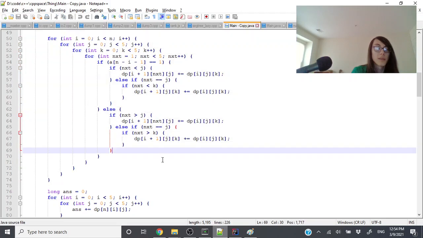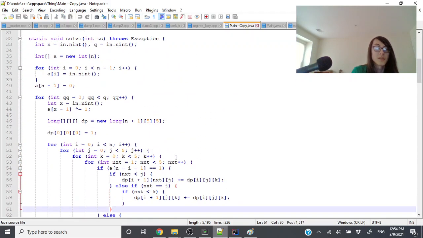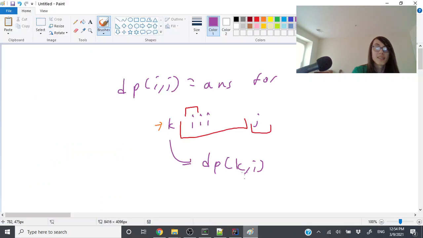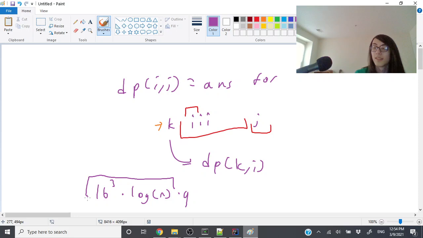And then convert it to matrix form and then do some spooky stuff, because there are 16 states. So it's some spooky 16 cubed times log of n times q, because you put matrices on a segment tree and do stuff like that. So it's horrible.